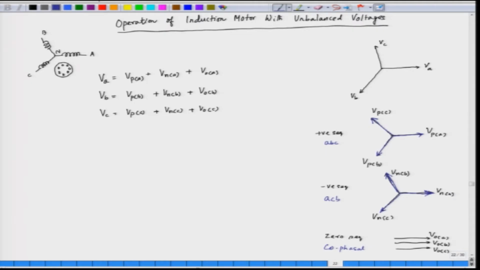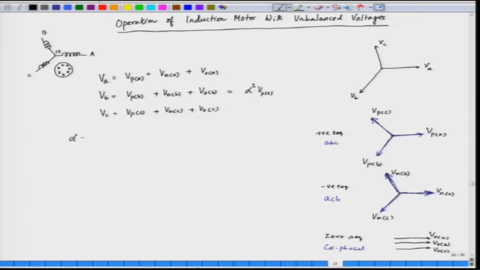Now, if we see the negative, positive and 0 sequence components, we will try to express them only in terms of phase A. So, for phase B, we have V P B. We can just write alpha square into V P A, because this is rotated by 240 in this case. So, what is alpha here?